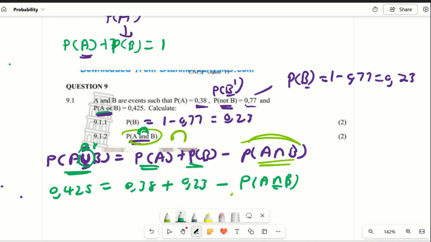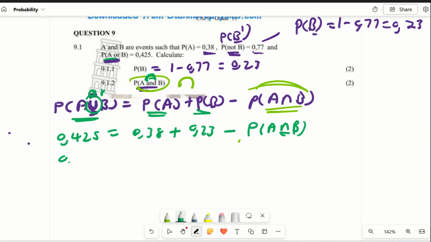So let's calculate: 0.425 equals, what is 0.38 plus 0.23? 0.61, is that correct?